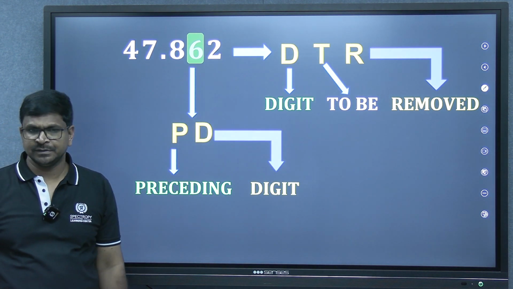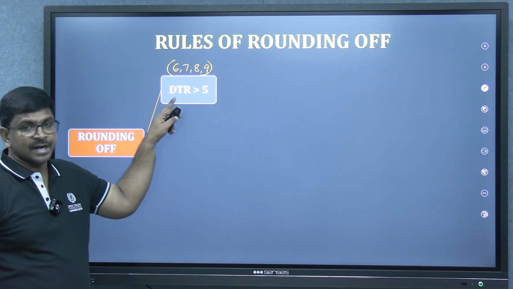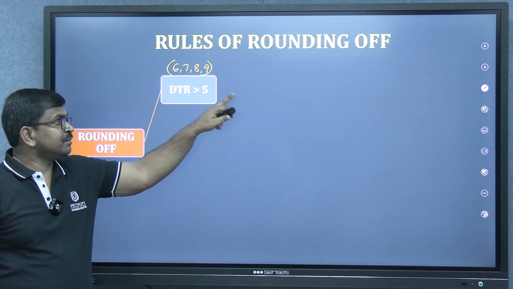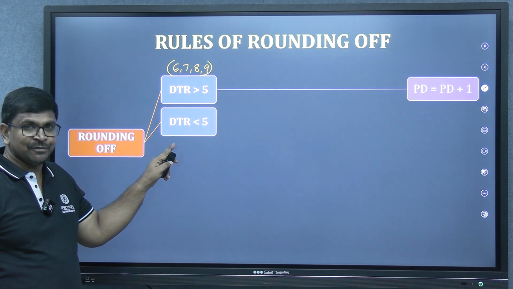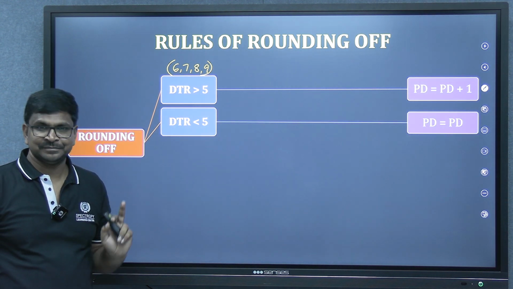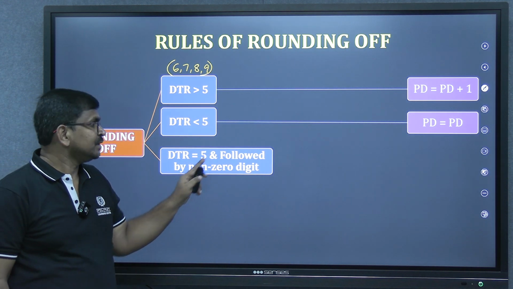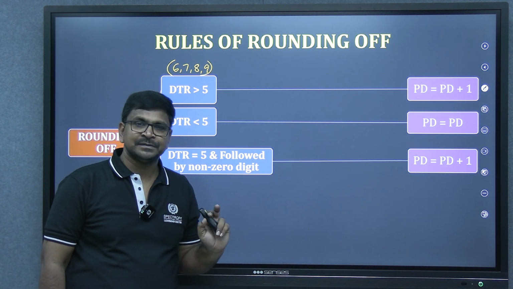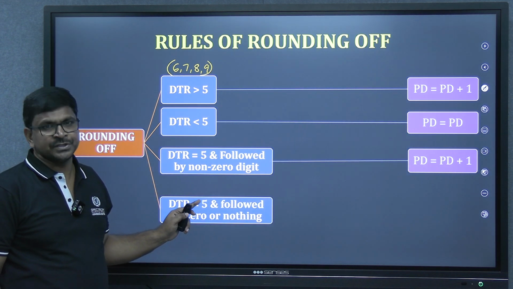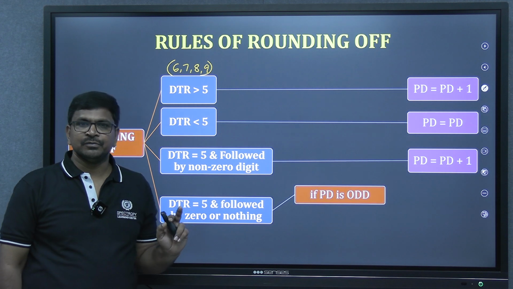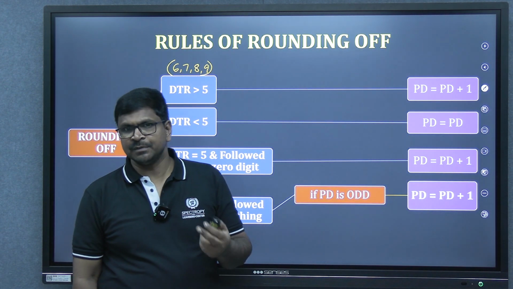Now the rules: if DTR is greater than 5, PD must be increased by 1. If the DTR is less than 5, PD remains the same. If the DTR is equal to 5 and followed by non-zero, PD will be increased by 1. If the DTR is equal to 5 but followed by nothing or 0, then again we will check. If the PD is odd, PD is increased by 1.